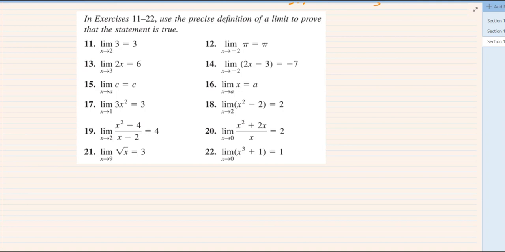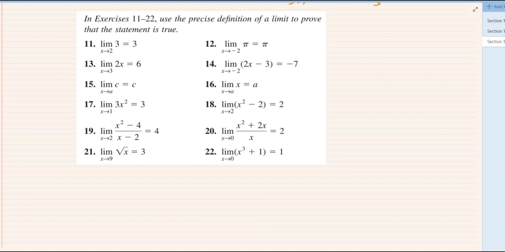As far as future chapters, we are not going to use this epsilon delta way of finding limits. As you can see, it can be cumbersome, it can be problematic. So we stick with our limit laws in finding limits, maybe the sandwich theorem, but this is what the precise definition is.